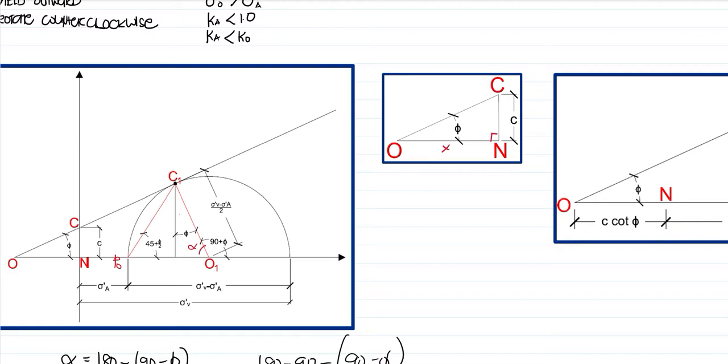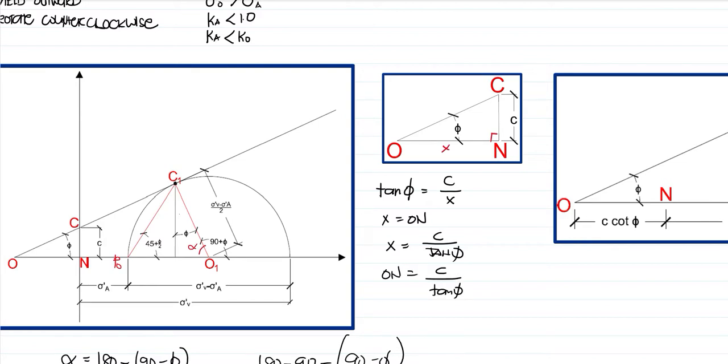So, that will be tangent of phi is equal to C divided by X. So, we can get O sub N. So, yung X natin dyan is equal to O sub N. So, that will be X is equal to C over tangent phi. So, we can say that O sub N or ON is equal to C over tangent phi.